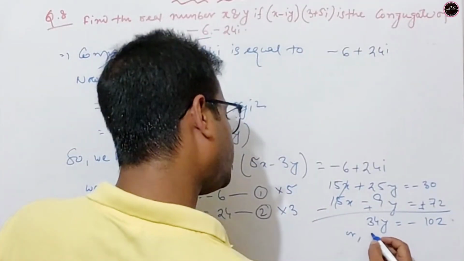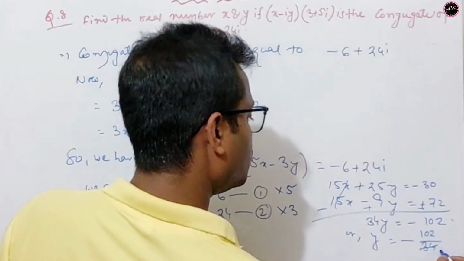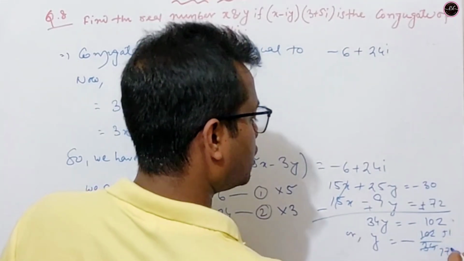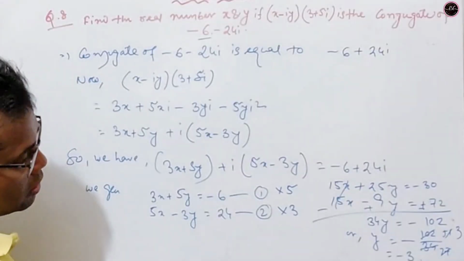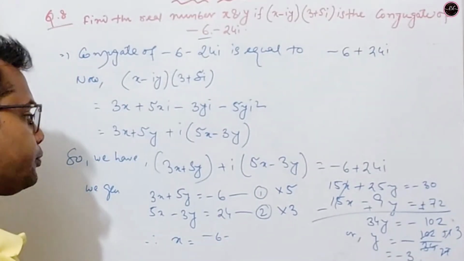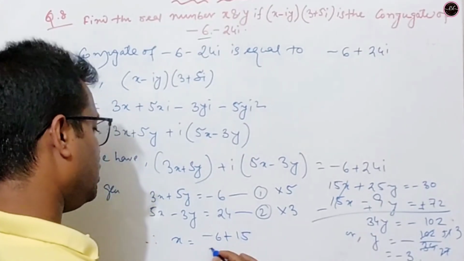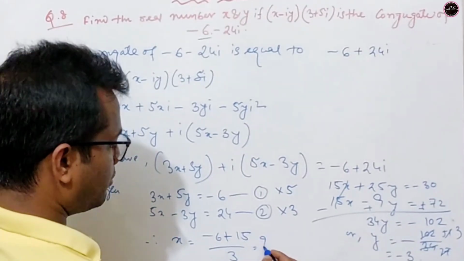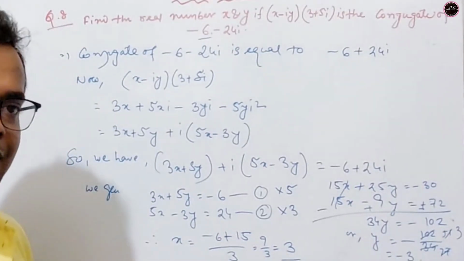Therefore y equal to minus 102 by 34, that means minus 3. Now putting the value of y in equation number 1, x equal to minus 6 plus 15 divided by 3, that means 9 by 3 equal to 3. So x equal to 3 and y equal to minus 3.